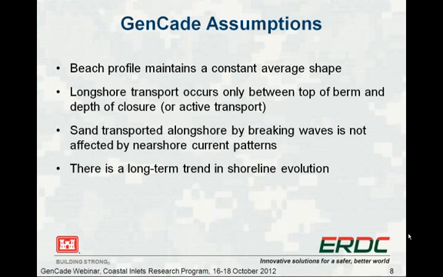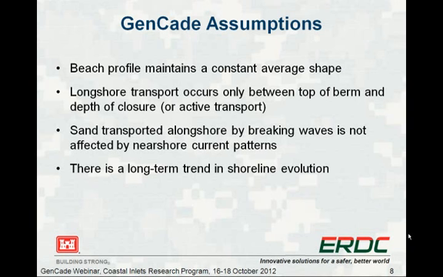Although seasonal changes in wave climate can cause the shoreline position to move seaward and landward, with the corresponding change in shape and average slope of the profile, the deviation from the average beach slope over the total active profile is small.